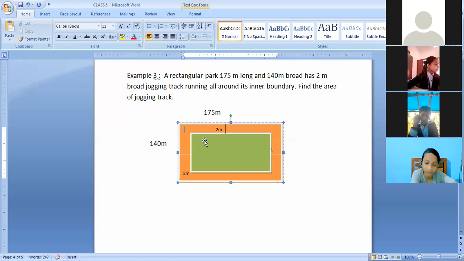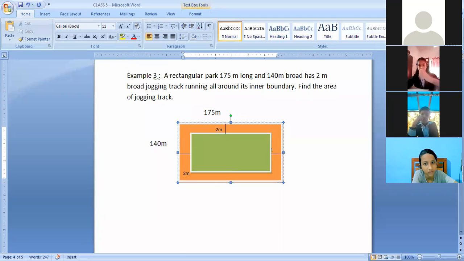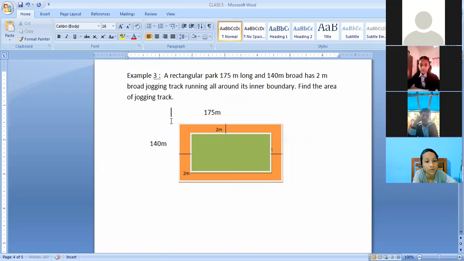Okay. Now, can you find the area of this rectangle which is in green color? Okay, I am going to give names to the rectangles.